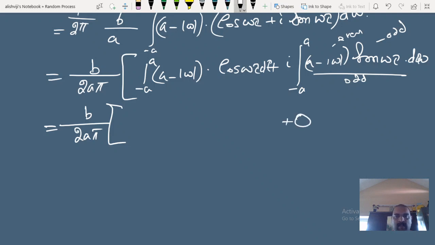In a similar way, cos omega tau is an even function of omega, and a minus mod omega is also an even function of omega.